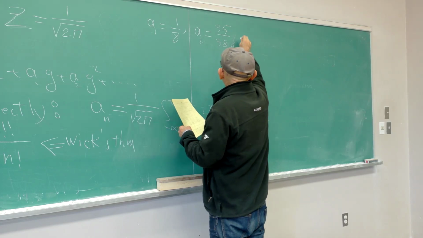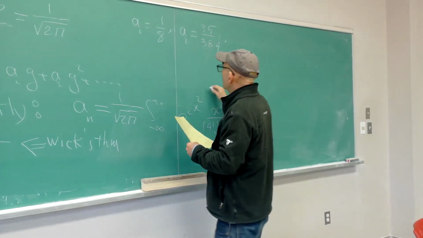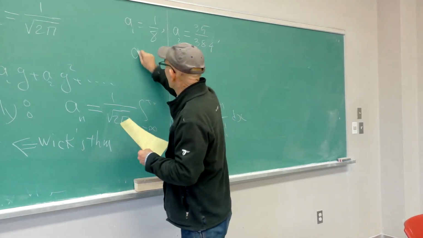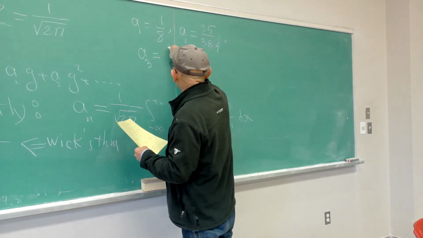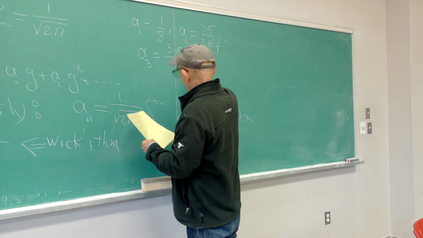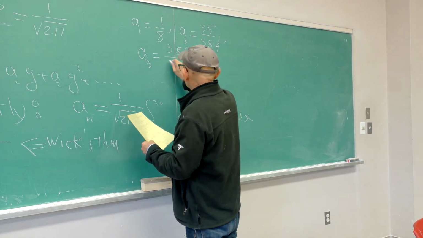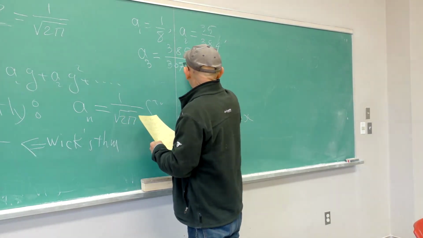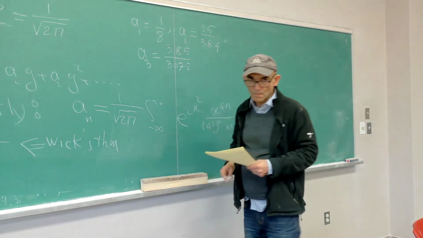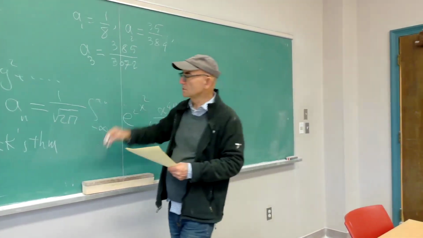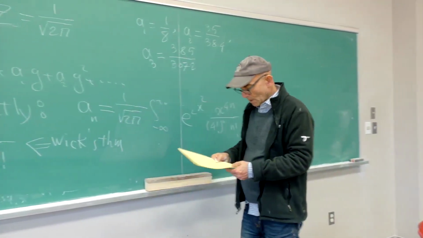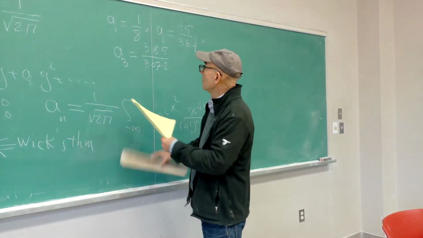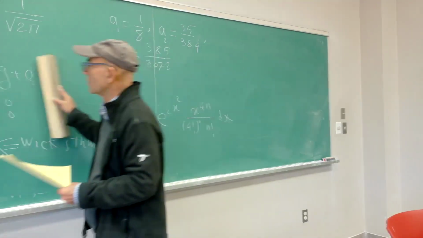And then you get a3 equal to 385 over 3072. These are easy to compute from this general formula, of course. So now the game is we compute these values using Feynman's theorem.